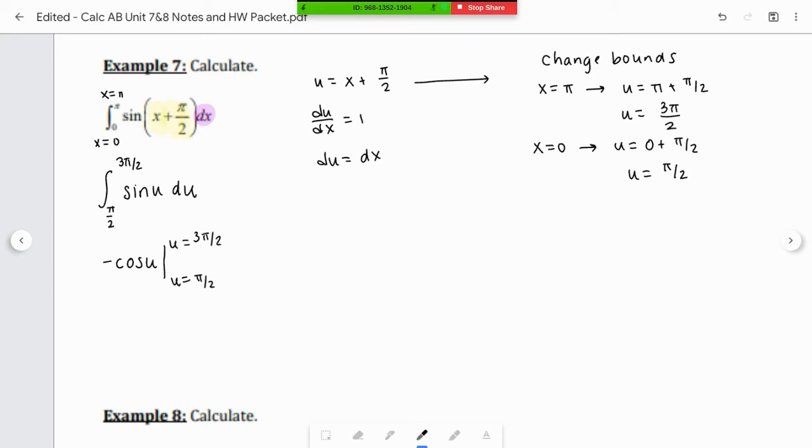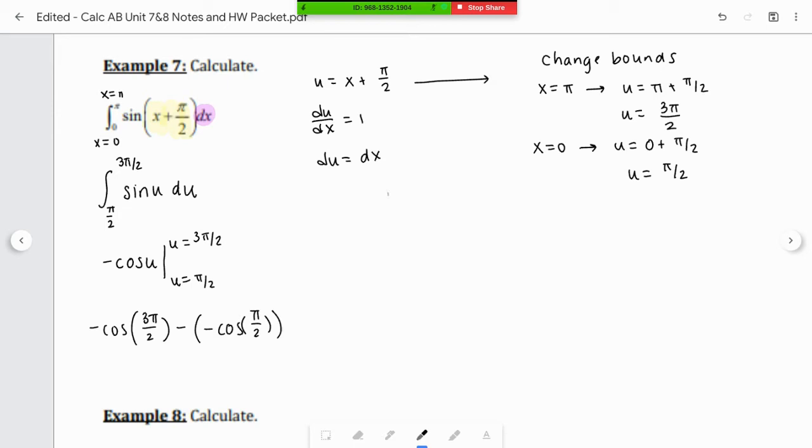Because we have changed our bounds to be in terms of u, we don't have to go back and plug back in our x's, because all we're going to end up doing is evaluating this anyway. So we can actually evaluate it while it's in this u form. So we have negative cosine of 3 pi over 2 minus negative cosine of pi over 2.